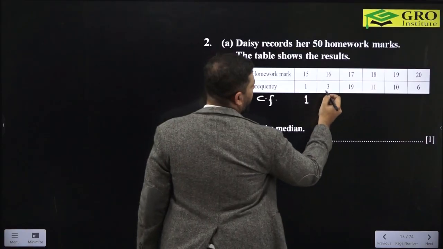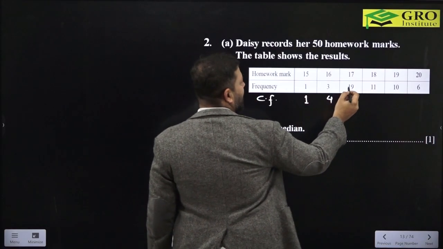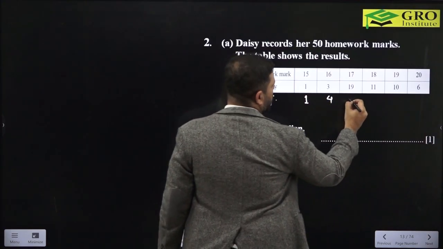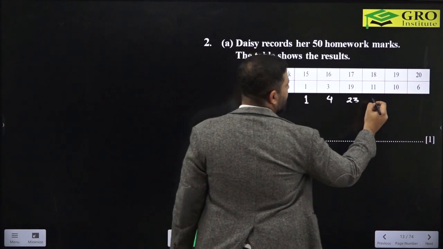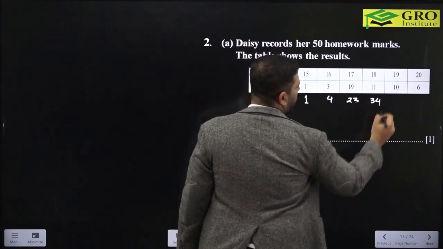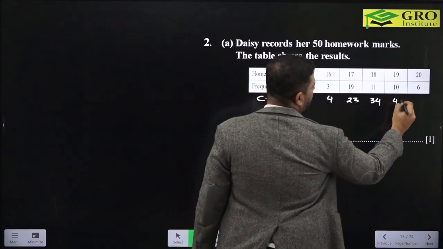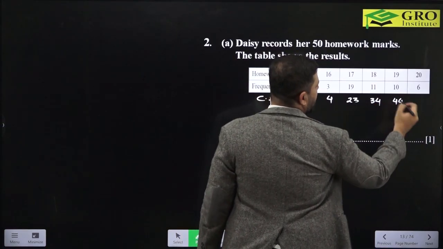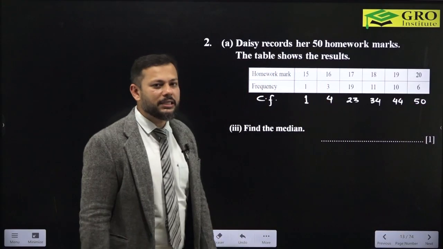The second CF would be 3 plus 1, that is 4. The third CF would be 19 plus 4, that is 23. The fourth CF will be 11 plus 23, that is 34. Then 10 plus 34, that is 44. And then we have 6 plus 44, that is 50. So this is the cumulative frequency.